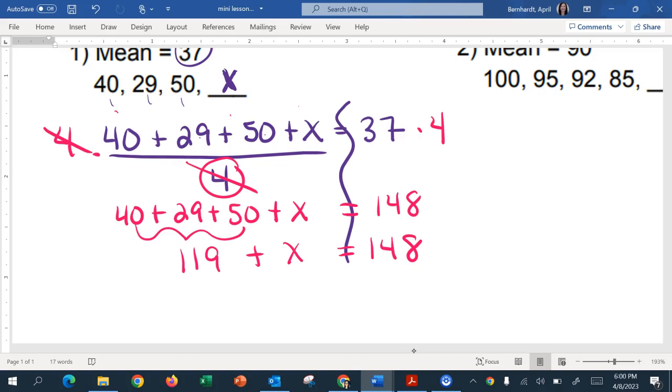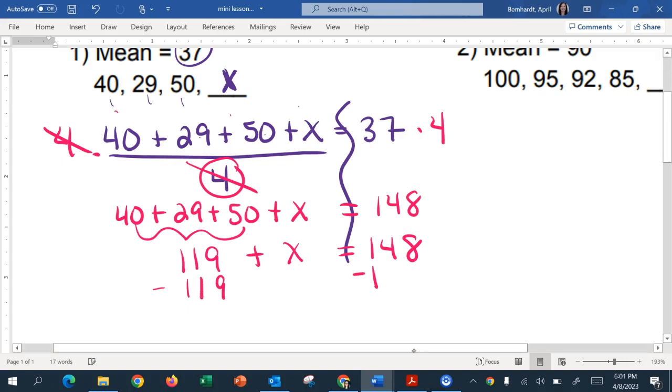So 119 plus what equals 148? It's a little tricky to do in my head, so I'm going to get rid of that 119 by subtracting 119 from both sides, and I get that the missing data value is 29.